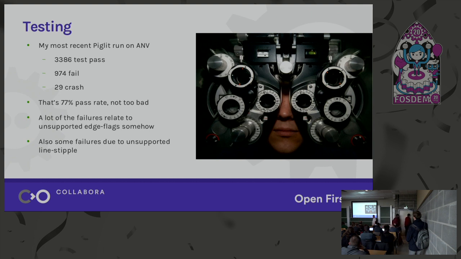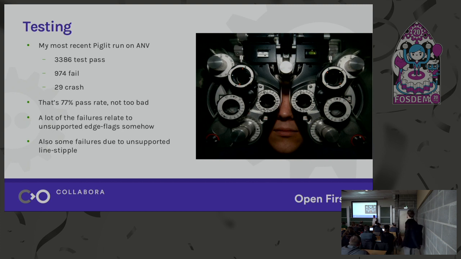And most of the failures right now, or at least a big bulk of them, have to do with unsupported edge flags, which we need to do something more clever about. Right now we just fail, throw an error and give up. And also some stuff due to unsupported line stipple.